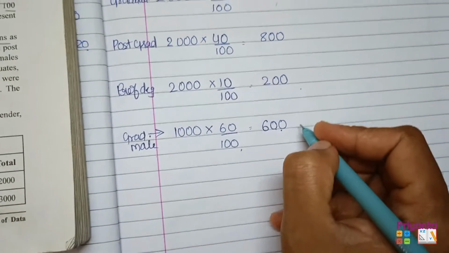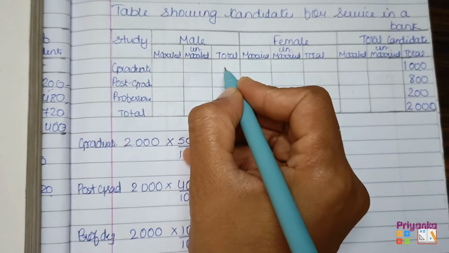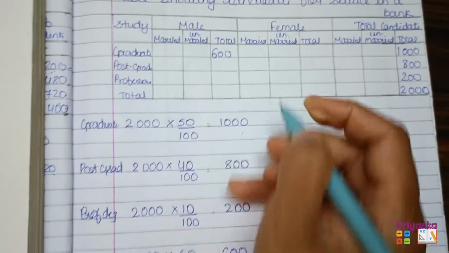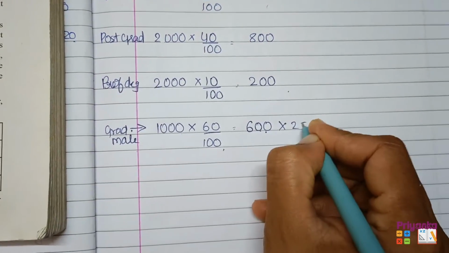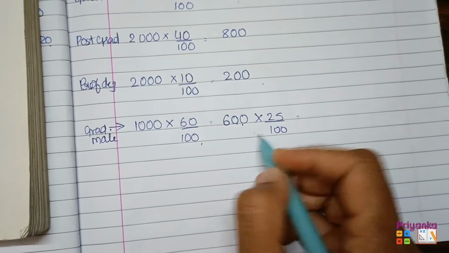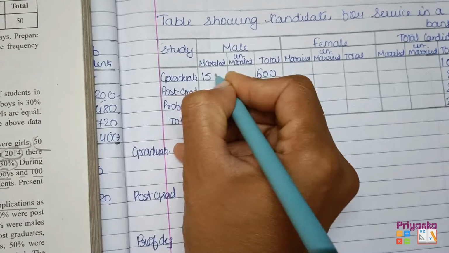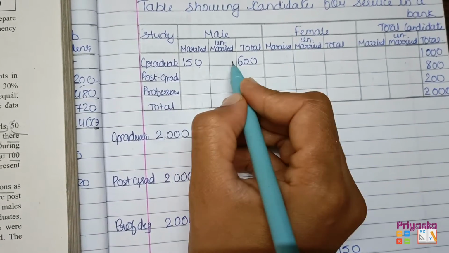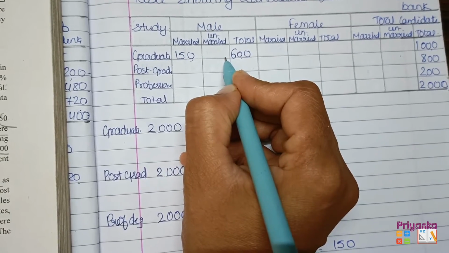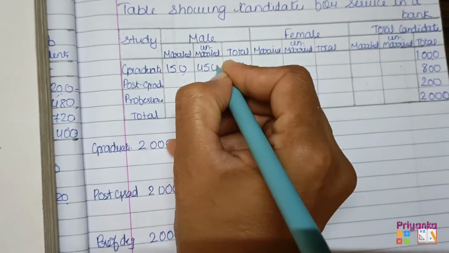So the total number of male was 600. 25% of 600 is 150. So 150 were married. If we subtract 150 from 600, we get the total number of unmarried, that is 450.